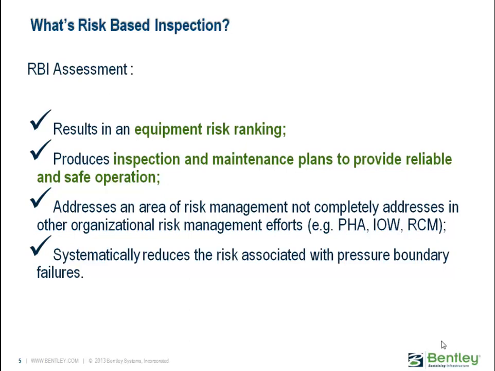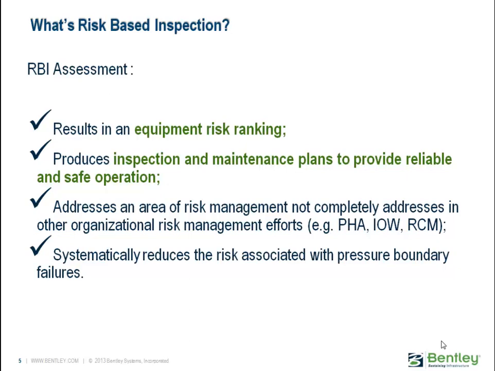RBI is a risk assessment and risk management tool that addresses the areas of risk management which are not completely covered in other operational risk management efforts such as PHA, Integrity Operating Window, or RCM. PHA, or Process Hazard Assessment, for example, focuses on the process unit design and operating practices and their adequacy given the unit's current or anticipated conditions.